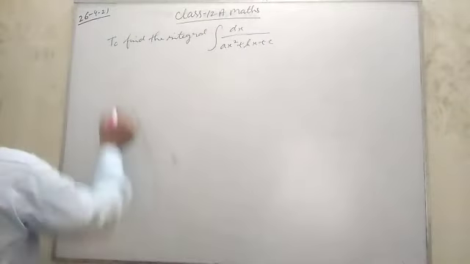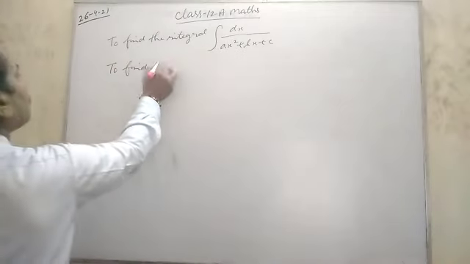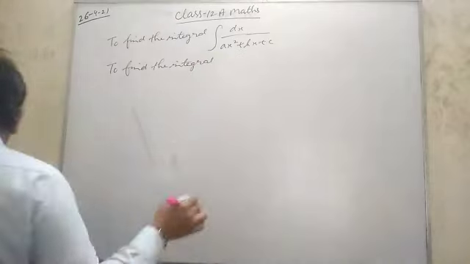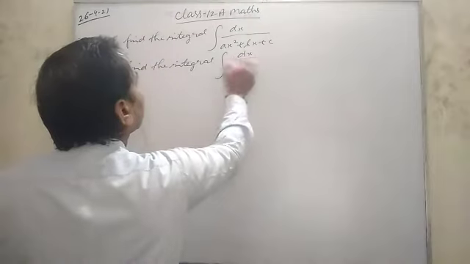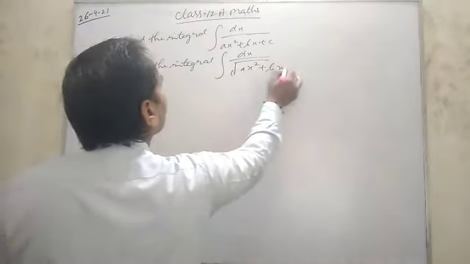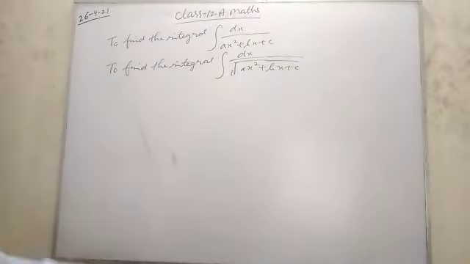And next concept, to find the integral dx upon under root ax square plus bx plus c. So both concepts, their process is the same. Only difference is the first one is without root and the second one is with root.